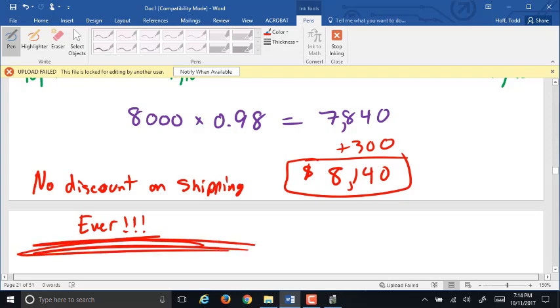Ever. I know I'm exaggerating this a little bit, but no discount on shipping ever. That's huge because there's going to be a lot of other times where you're going to be tempted to give them a discount on shipping and you can't.